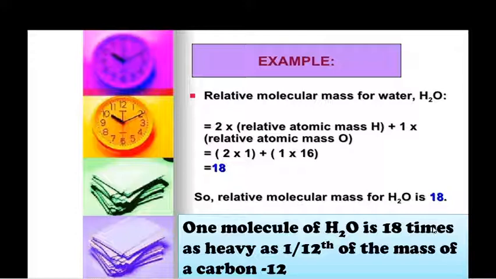So it is 18 times as heavy as that 1 by 12 part of the mass of 1 carbon-12 atom. For carbon-12, we have 12 parts; you just take 1 part and compare that 1 part with this 18. So 18 times as heavy as 1 by 12 part of the mass of 1 carbon-12 atom.